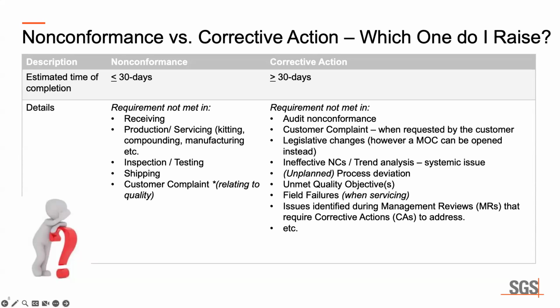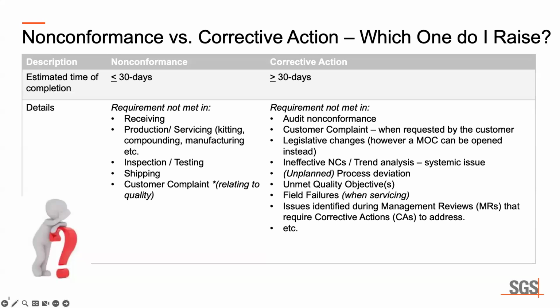In this case, you want to determine, well, what happened? So you may decide that a corrective action makes sense because you want to investigate what happened and how do we ensure that this doesn't happen again. Field failures when you're doing servicing: if any of you are in the servicing industry, you might have a corrective action to open.